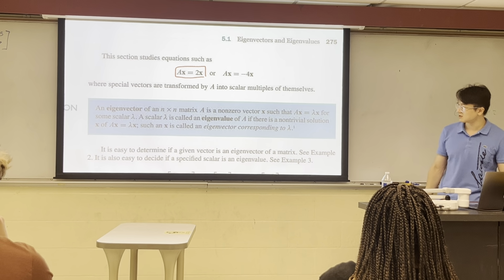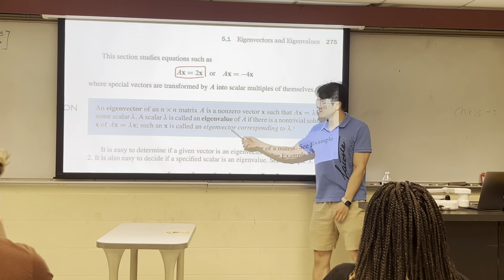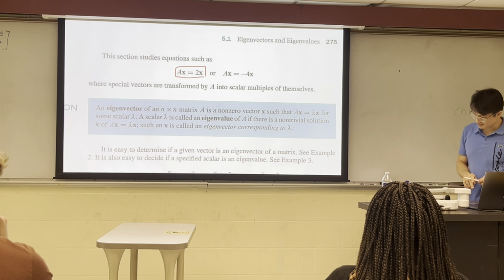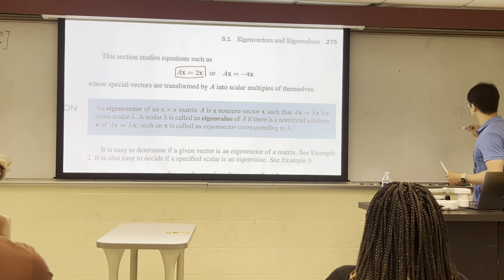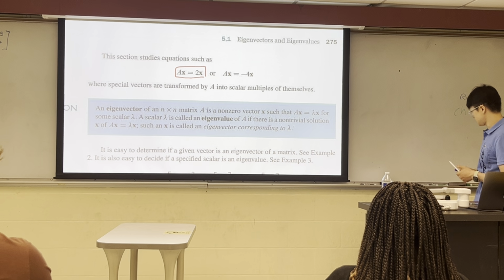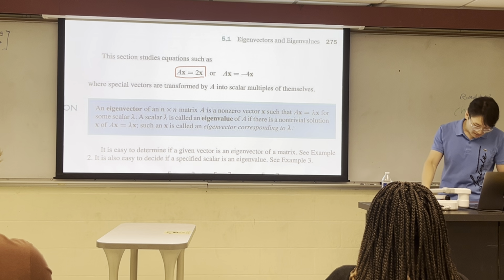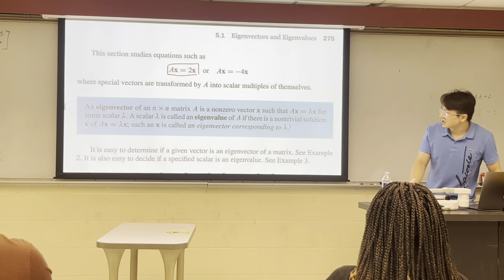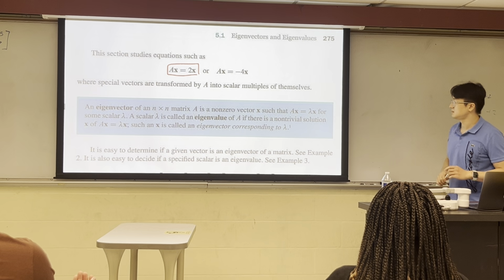Okay, so let's read. Ronald, can you read this? An eigenvector of an n times n matrix A is a non-zero vector X such that A times X equals lambda times X for some scalar lambda.